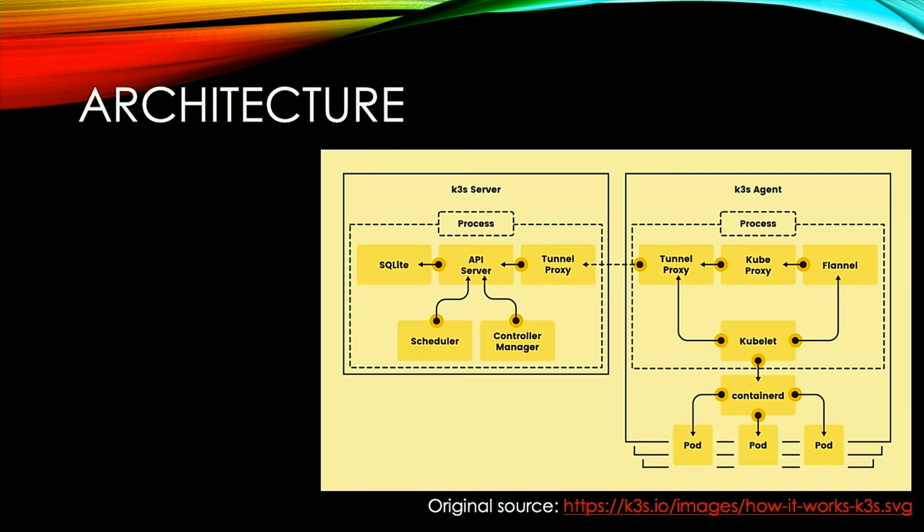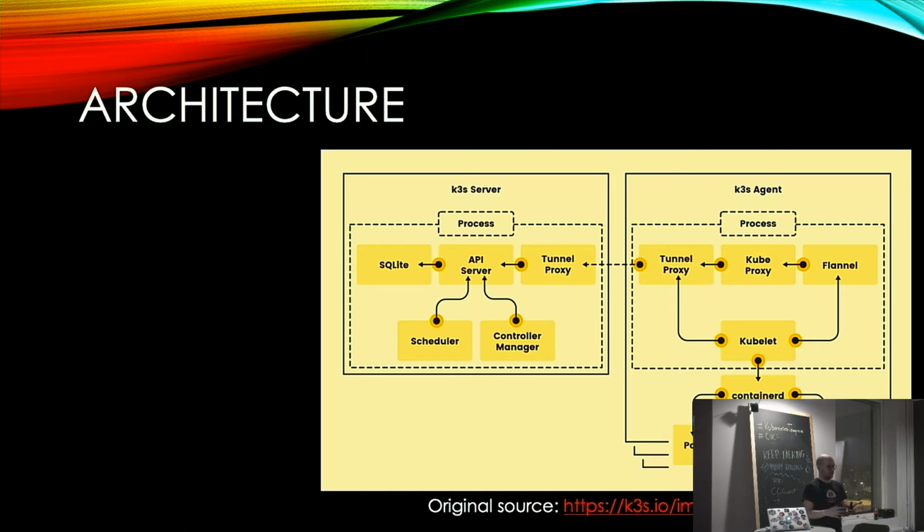From an architecture point of view, it's pretty much standard Kubernetes. You have your API server, you have your schedulers, controller managers, and whatnot. On the worker nodes you have kubelets and everything. No big difference there. But if you actually look at the picture, there's this boundary being drawn like a process. One of the things that Darren actually started with was to bundle everything within a single process.